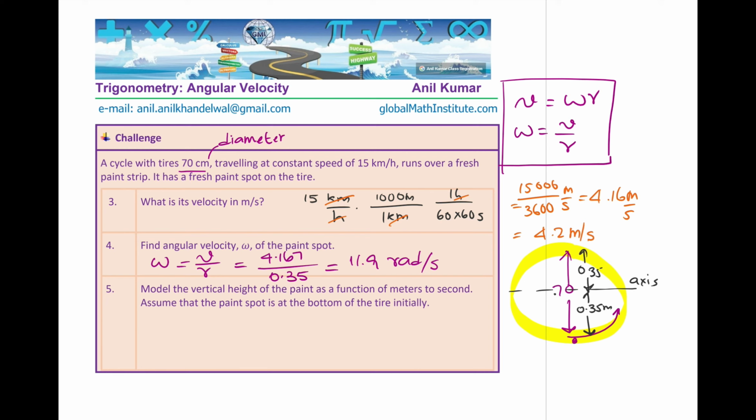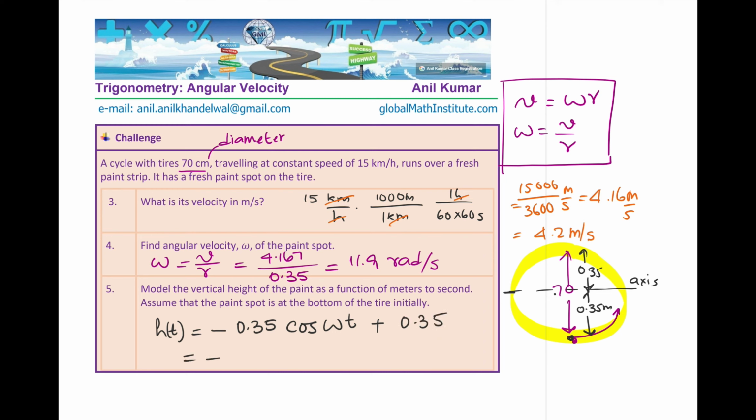So we can write that the height with respect to time in meters is, since we are starting from the bottom, minus the amplitude, being 0.35, times the cosine function. In general, the equation is cos omega t, since the phase shift is considered with a negative sign, plus the distance of the axis above, which is also 0.35.